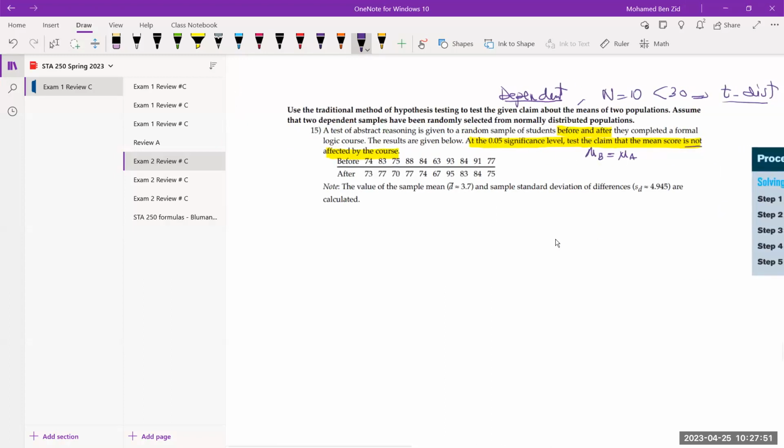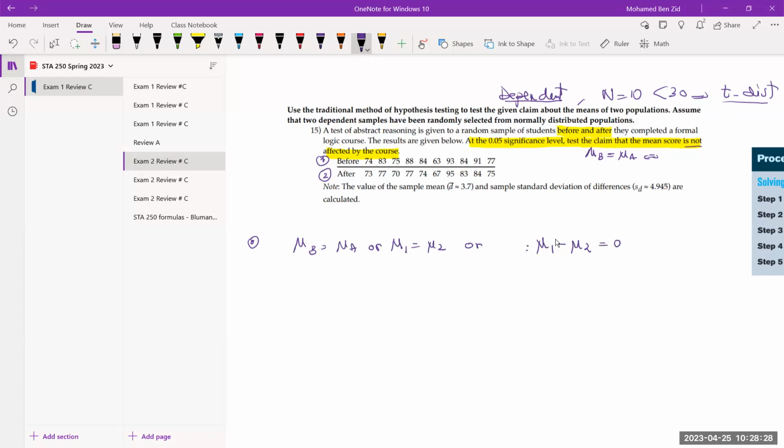So the first step here: the mean before equals the mean after. Before is 1 and after is 2. In your book, we write it down as mu 1 equals mu 2. Or you can write mu 1 minus mu 2 equals 0.